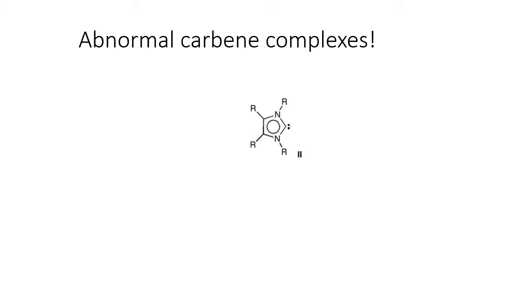Now, in 2009, there was a very interesting paper, and the paper was about the abnormal carbene complexes. It turns out that the complexes that we have been studying so far are the classic carbene complexes, where the carbene carbon is situated between the two nitrogens of the ring system. And the donation of electron density from the sigma donor orbital of this carbene is leading to the formation of the complex.